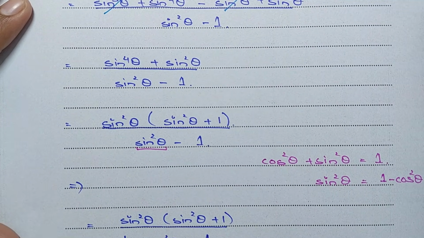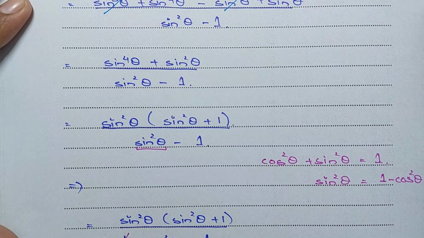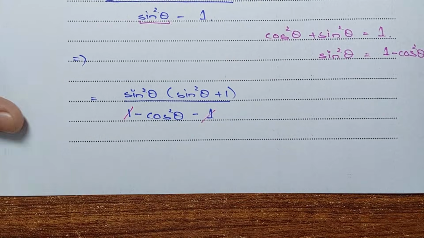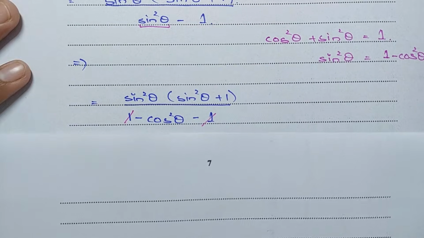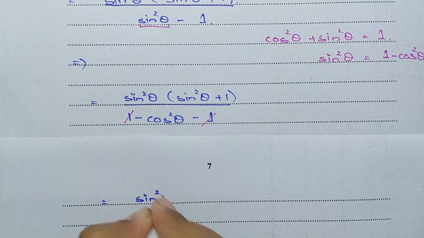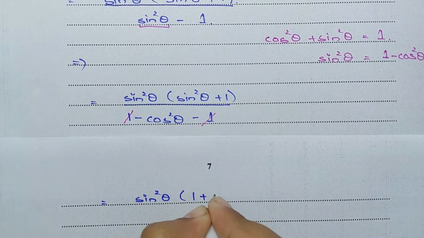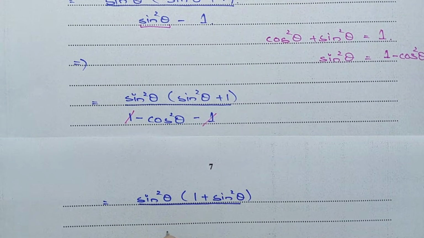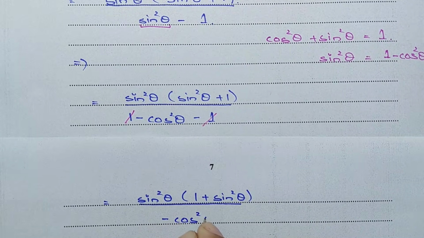Now we can cancel the like terms, plus 1 and minus 1, and we are left with sine square theta into 1 plus sine square theta divided by minus cos square theta.